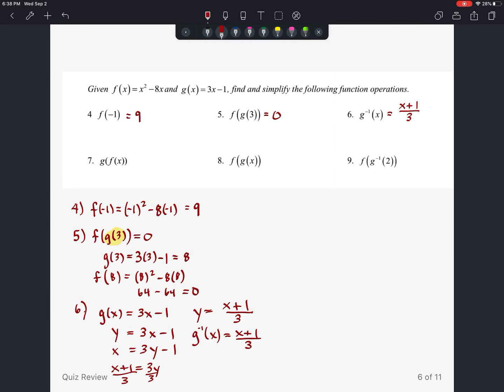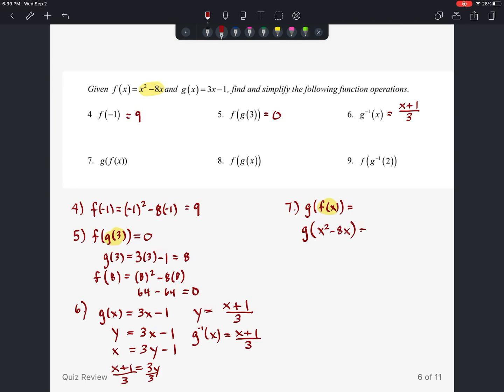Looking at 7. 7 is asking us to do the composition here with the expressions. We have g of f of x. That means we're going to take f of x, since f of x is equal to x squared minus 8x. That's what we're going to put into function g. So we're going to say g of x squared minus 8x.